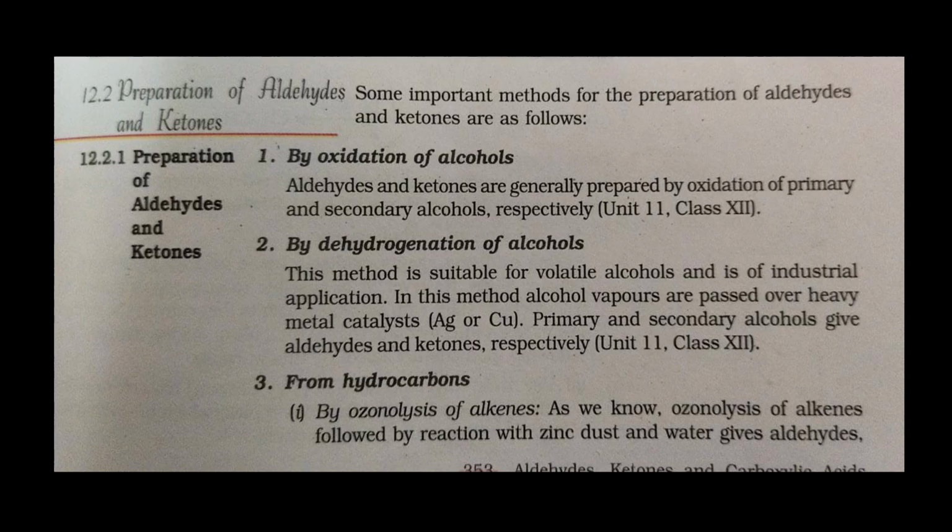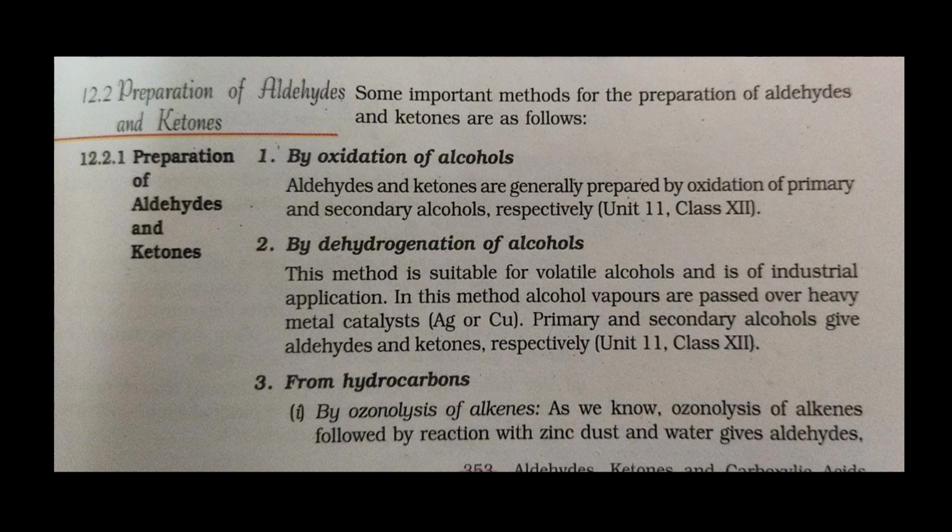Preparation of aldehydes and ketones. Some important methods for the preparation of aldehydes and ketones are as follows. First one, by oxidation of alcohols. Aldehydes and ketones are generally prepared by oxidation of primary and secondary alcohols respectively. Refer Unit 11, Class 12.